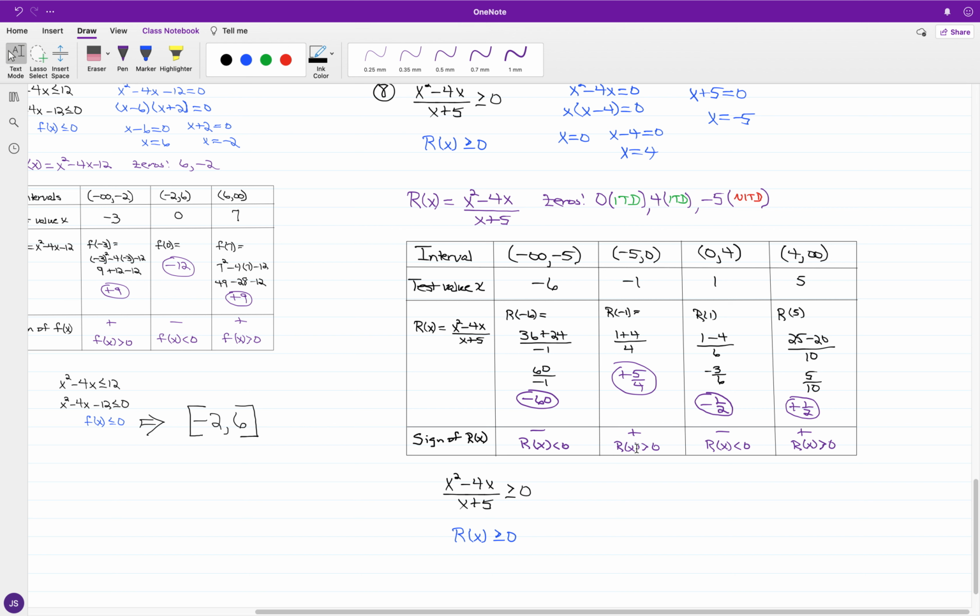So we're going to have this in the same direction as where r of x is greater than 0. And for the solution, just adopting the limit values from where r of x is greater than 0, we have between -5 and 0, and between 4 and infinity.